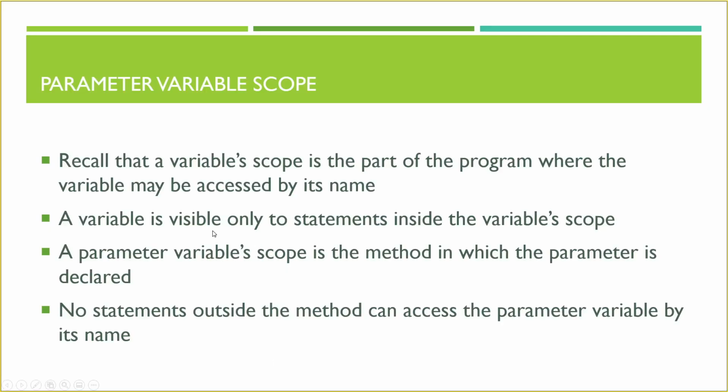We've talked about scope. So do parameter variables have scopes? They do. And the parameter variable's scope is only the method in which that parameter is declared. No statements outside the method can access the parameter variable by its name.